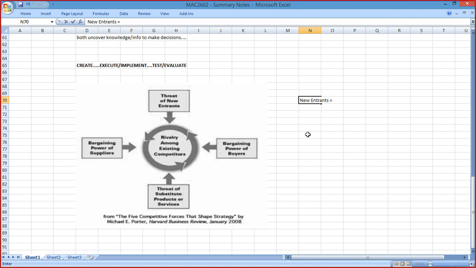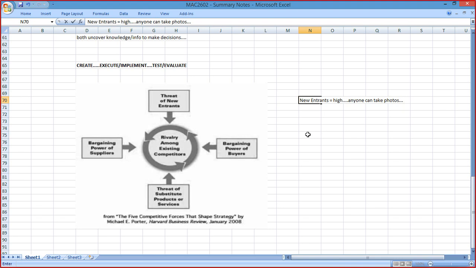So definitely new entrants, high. Anyone can take photos. Obviously you need to be good to be a photographer, but remember, entrance is looking at people coming into the space. You can have lots of people coming in. A lot of them can be bad, but there are still new entrants. Does that make sense?